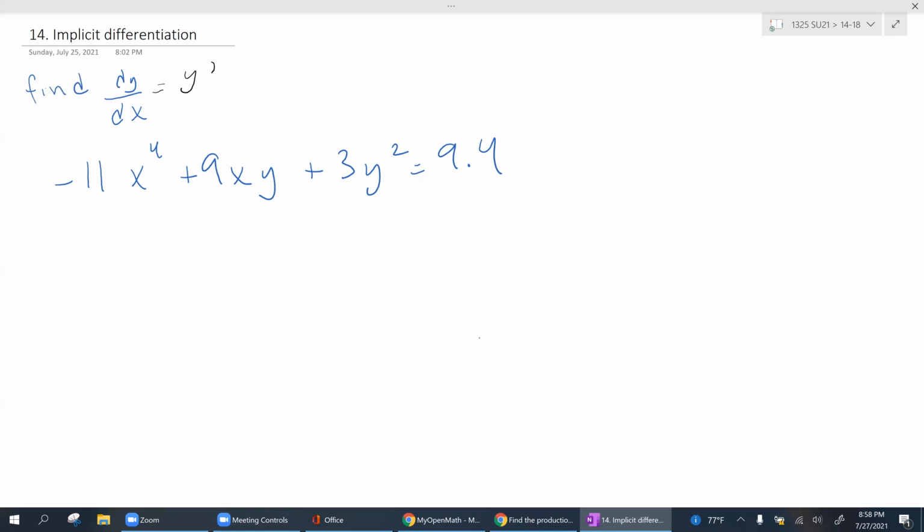So working from left to right, let me take this derivative. I see here that I have negative 44x to the third plus, they have an x and y multiplying. Whenever I have two terms that are multiplying, I'm going to apply product rule.